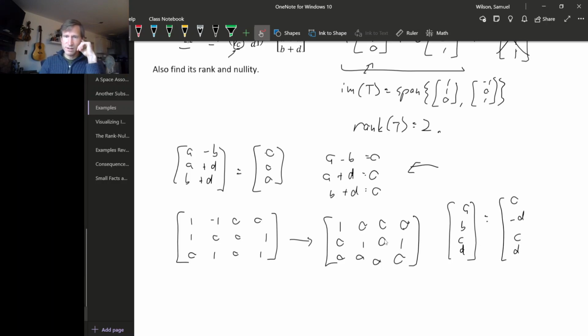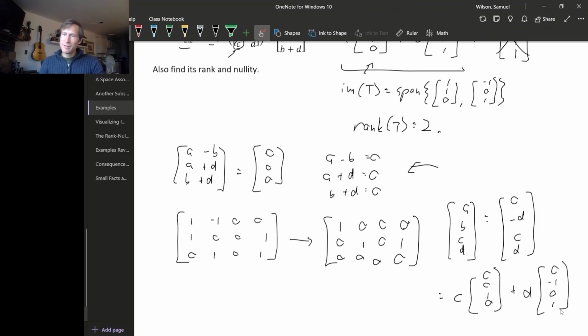So c and d are free, both show up in our parameterization, and then parameterizing this vector style, we get c times (0, 0, 1, 0) plus d times (0, -1, 0, 1).